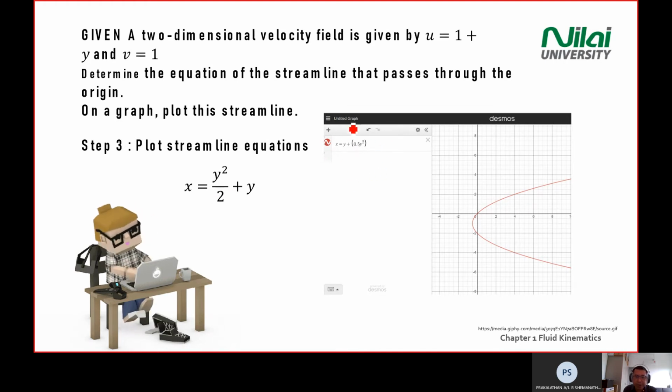You go and explore a little bit to get familiar with this platform. After you plug in the equation, it will plot for you. This is the shape of your streamline. Then you copy the shape of the streamline.